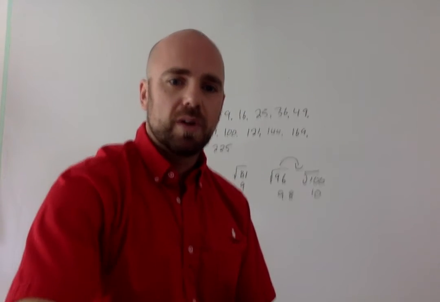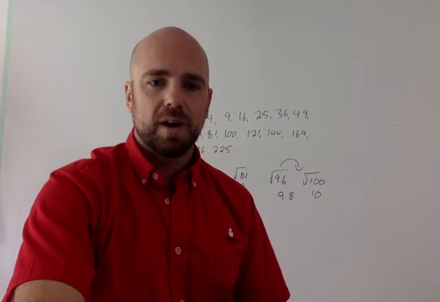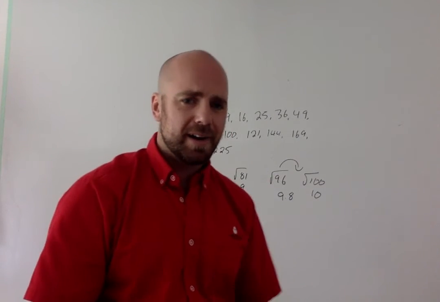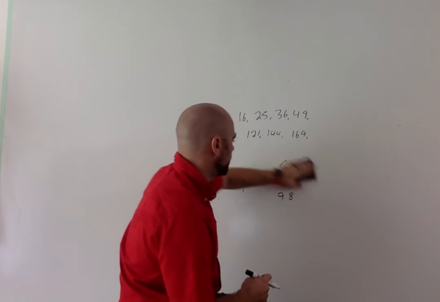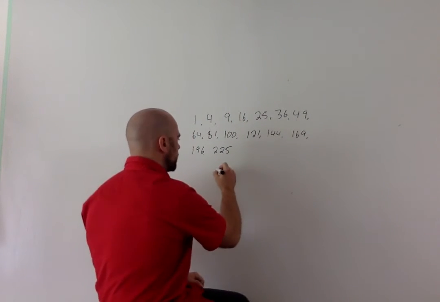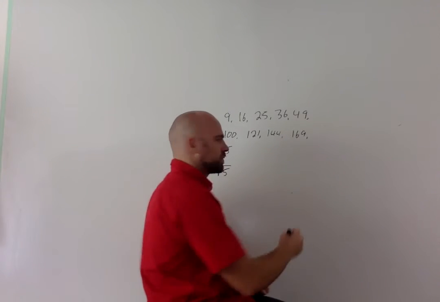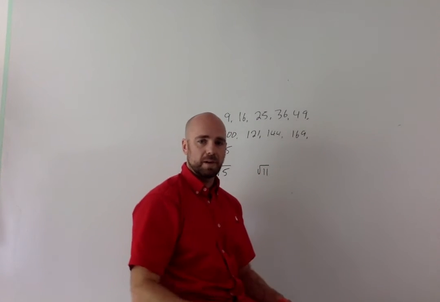All right, so there's a couple others that I'm going to just put on the board. I'm going to have you practice quickly, pause the video, and then we'll move on. So the ones that I want you to practice, let's go square root of 5. What do you think that might be? The square root of 11. Okay, what do you think that might be?